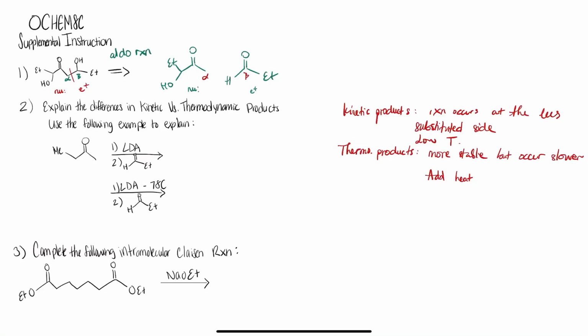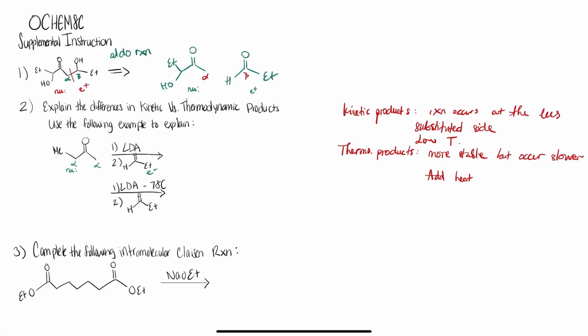So here we have a ketone and an aldehyde. We know the ketone has to be the nucleophile, and the aldehyde has to be the electrophile. LDA is a bulky base, and it will deprotonate the alpha positions. There are two alpha positions.